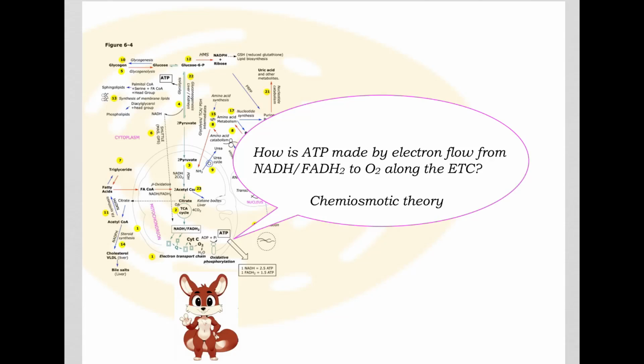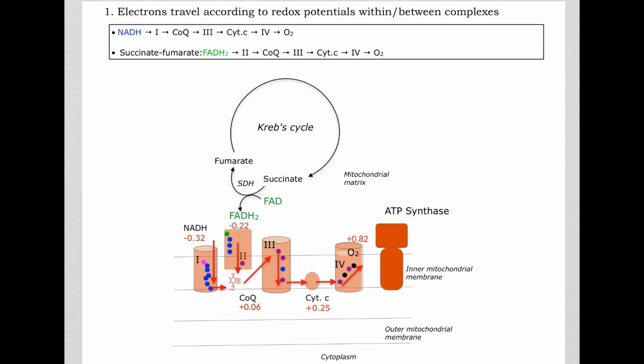So let's look at the key features of the chemiosmotic theory that will help us answer this question. Just to remind you, as we discussed in the previous video, electrons from NADH as well as FADH2 are eventually accepted by oxygen, and these electrons travel within the complexes as well as between the complexes based on the redox potentials.